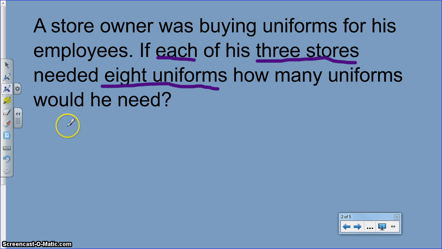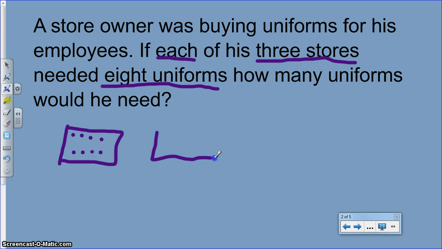So what that looks like is if this is store 1, then they need 8. Store 2 needs 8. And store 3 needs 8.